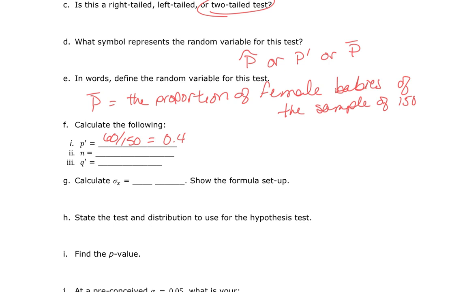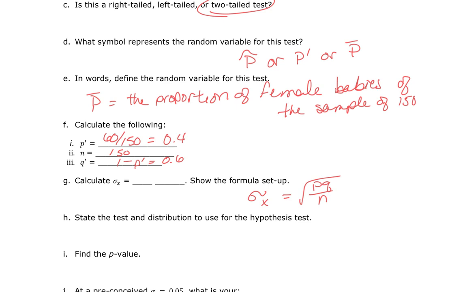My n is 150. That's the number of data pieces. Q prime or Q hat if you want. That's going to be 1 minus my p prime, which is going to give me 0.6. Now my sigma bar, this comes from my sigma sub x, is going to be the square root of pq divided by n.